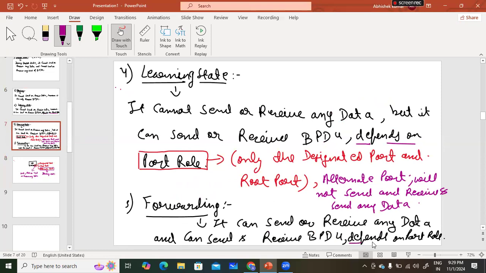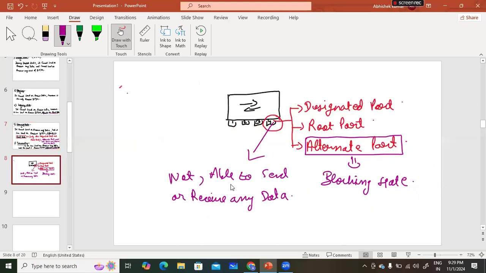So that's why I very cautiously used these words. Okay, is everything clear till here? And make sure that when you are talking about designated port and root port, these two, designated and root port, they will go up to forwarding.